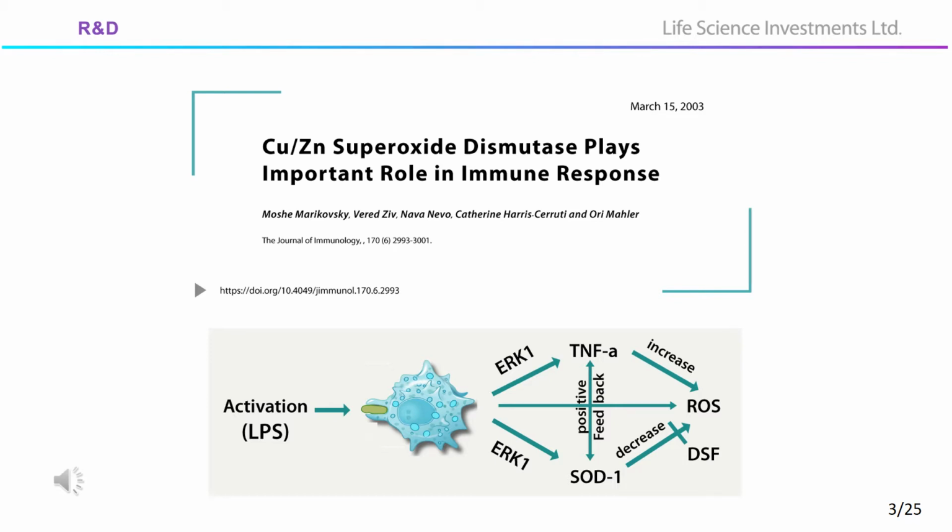On the other hand, there is also an increased production of superoxide dismutase thanks to the stimulation by the macrophage, and on the contrary, this increased superoxide dismutase will decrease free radicals, and then we can avoid oxidative stress, and then we can regulate the proper oxidative balance.